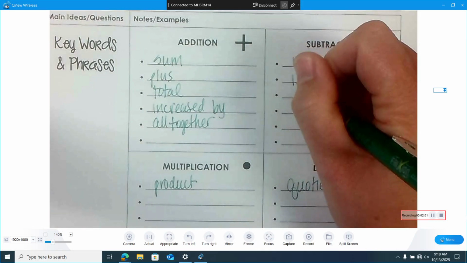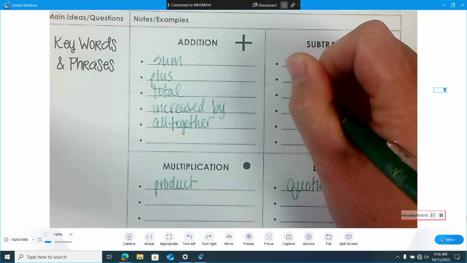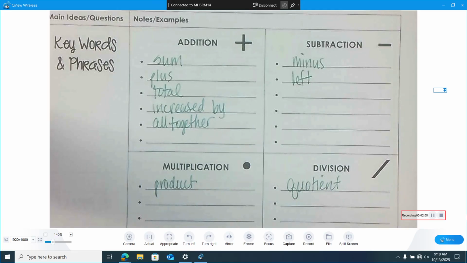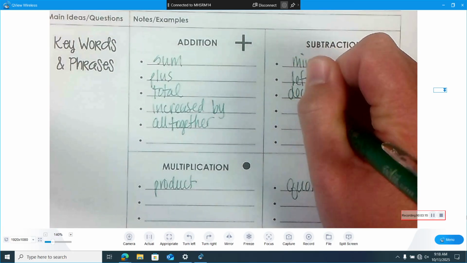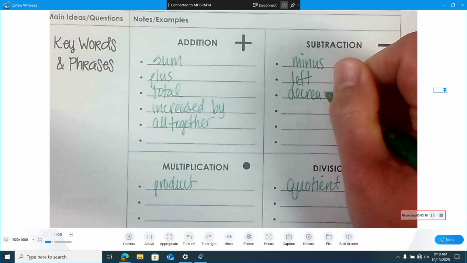Yeah, left. What if I said, like, 15 decreased by 4? Decreased by. Subtraction, yeah, decreased by.